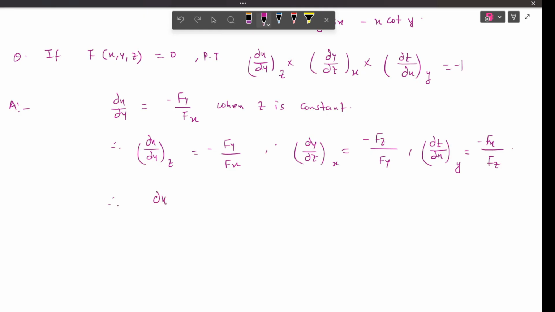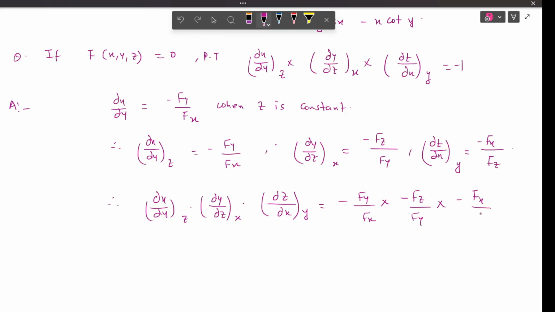So the product delta x upon delta y into delta y upon delta z into delta z upon delta x is minus f of y by f of x into minus f of z by f of y into minus f of x by f of z. So it will cancel out, and minus minus minus gives minus. So it will be minus 1.